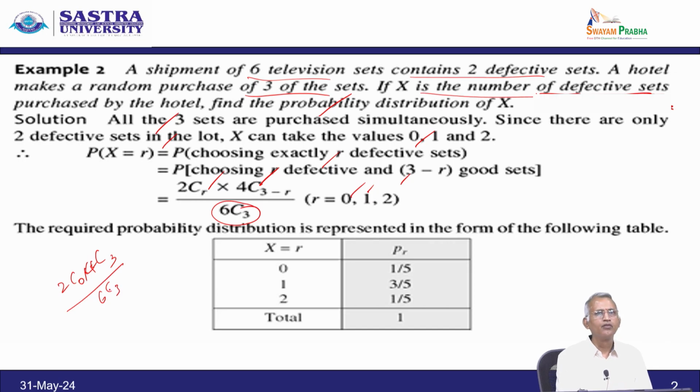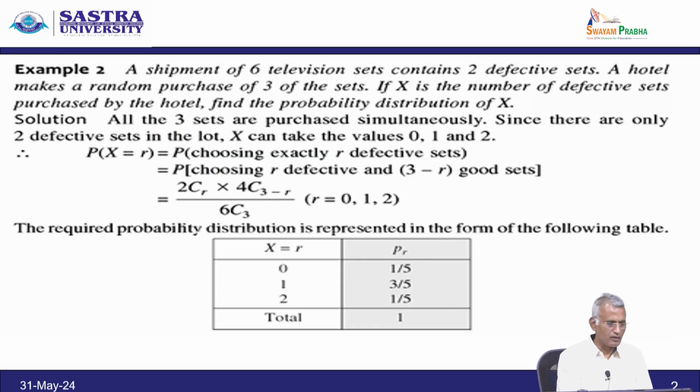So, 2C0 is 1, 1 into 4C3 by 6C3. 4C3 is nothing but 4, and 6C3 is 6 into 5 into 4 divided by 1 into 2 into 3. After simplification, we have 1 by 5.